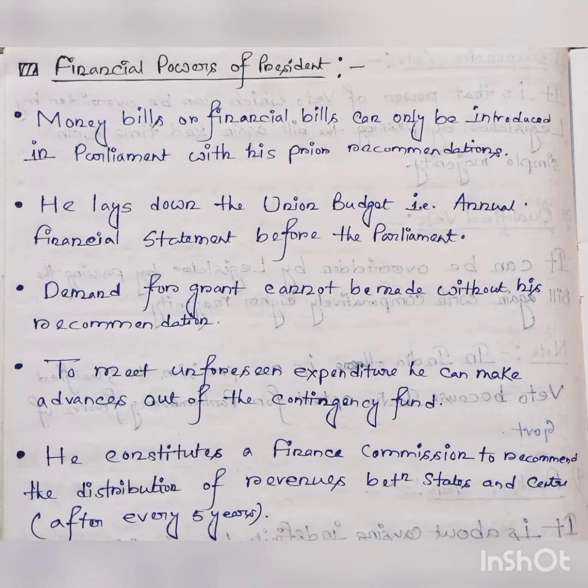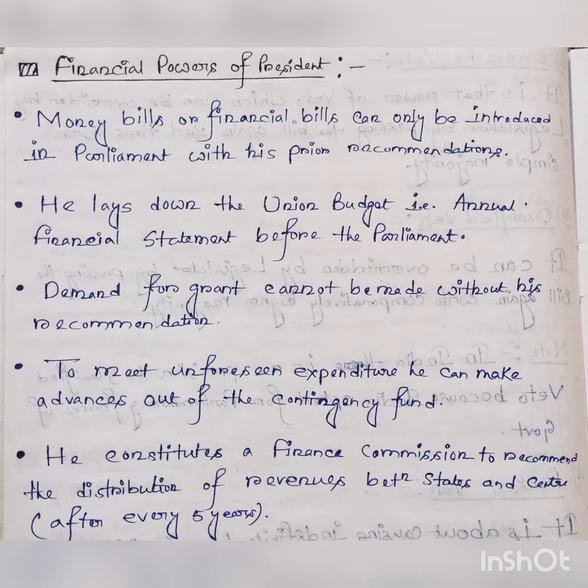Number 1, money bills or financial bills can only be introduced in the Parliament with his prior recommendation. Number 2, he lays down the Union Budget, the annual financial statement, before the Parliament. Number 3, demand for grants cannot be made without his recommendation.